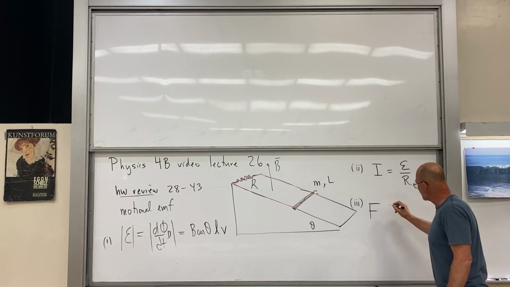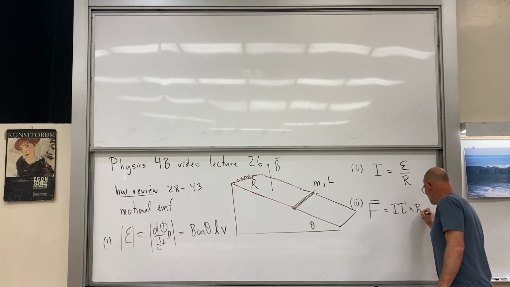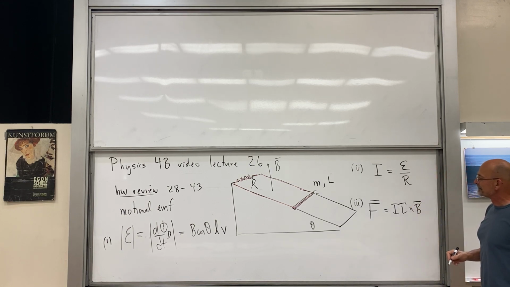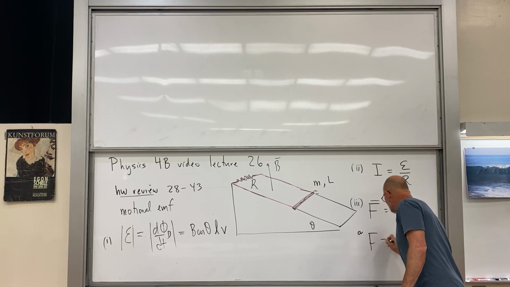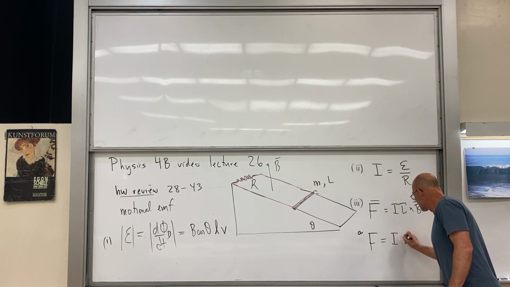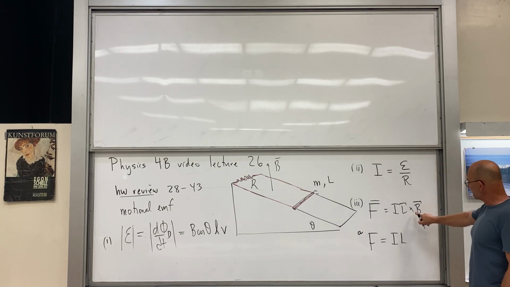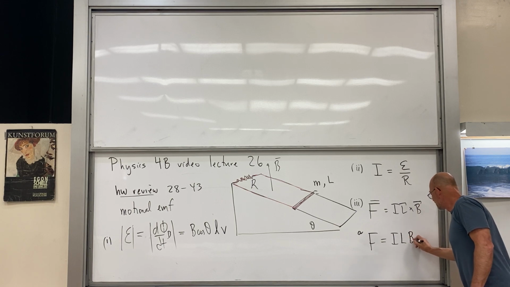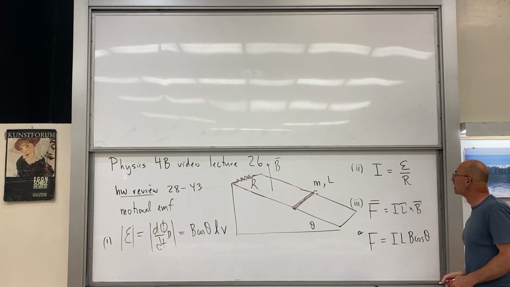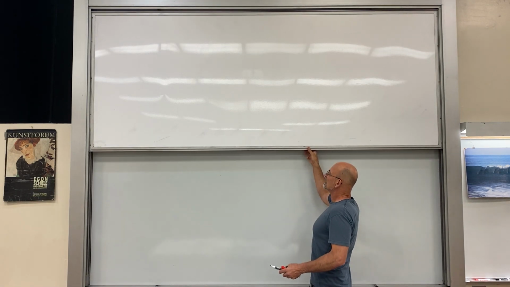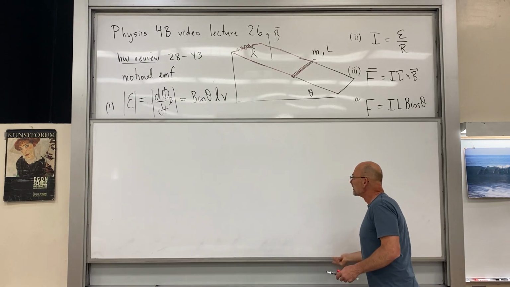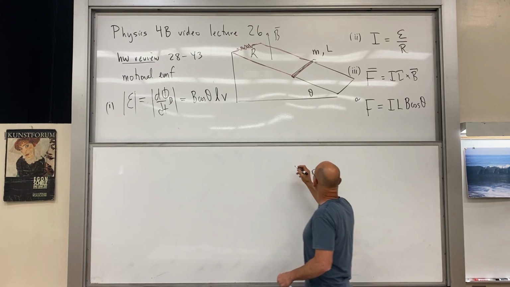We have that the force is equal to I L cross B, and under these circumstances, magnitude-wise, we're going to have I L, and then the cross product is going to give us B cos theta. So now we have all the ingredients.